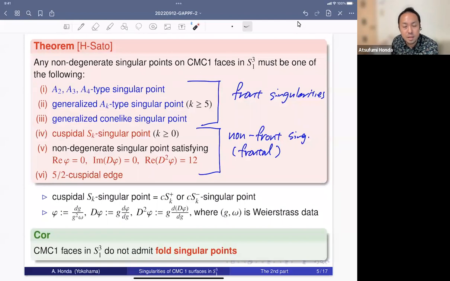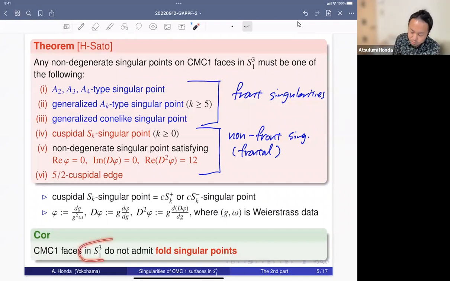But a direct corollary of this theorem implies this: CMC1 faces of de Sitter 3-space do not admit fourth singular points. Fourth singular points appear on Mach spaces when such Mach spaces change causal types.